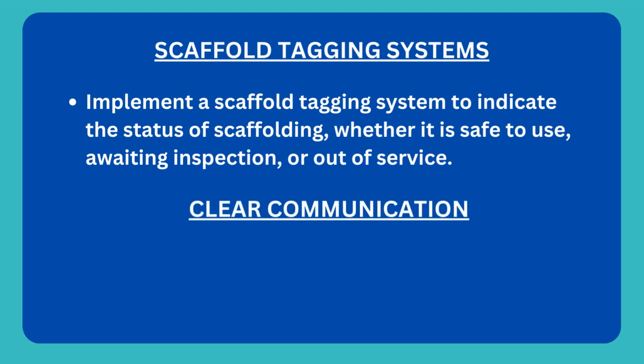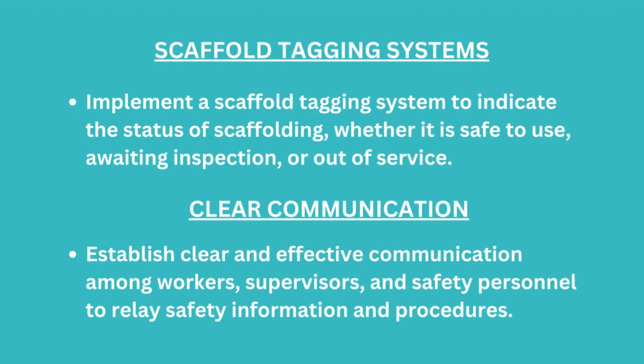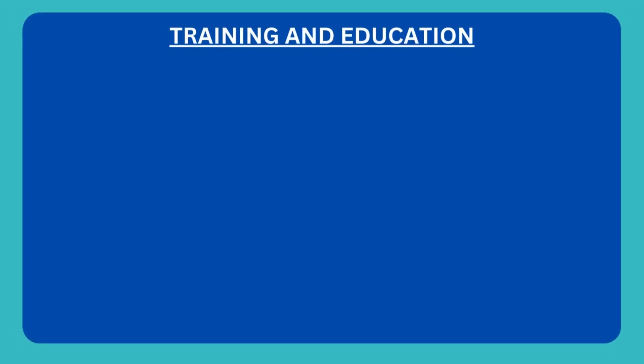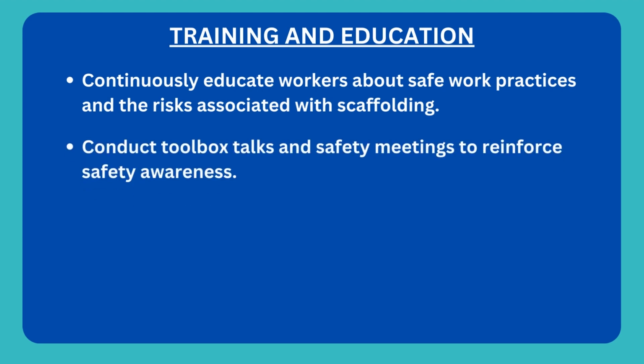Clear communication. Establish clear communication among workers, supervisors and safety personnel to relay safety information and procedures. Then training and education. Continuously educate workers about safe work practices and the risks associated with scaffolding. Conduct toolbox talks and safety meetings to reinforce safety awareness.